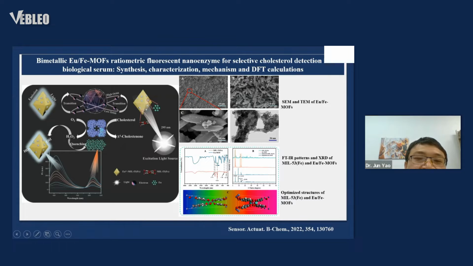And we introduced radiometric FR technology to enhance the stability of the sensor. In the natural world, the enzyme is very efficient. Based on this viewpoint, we developed the doped MOFs as the nano enzyme.